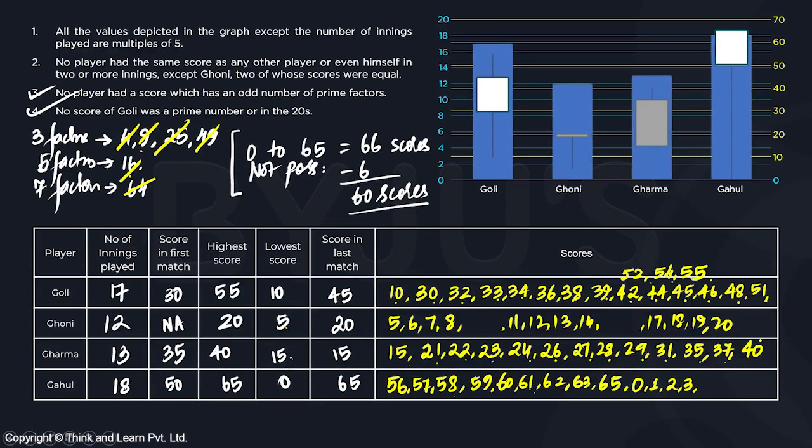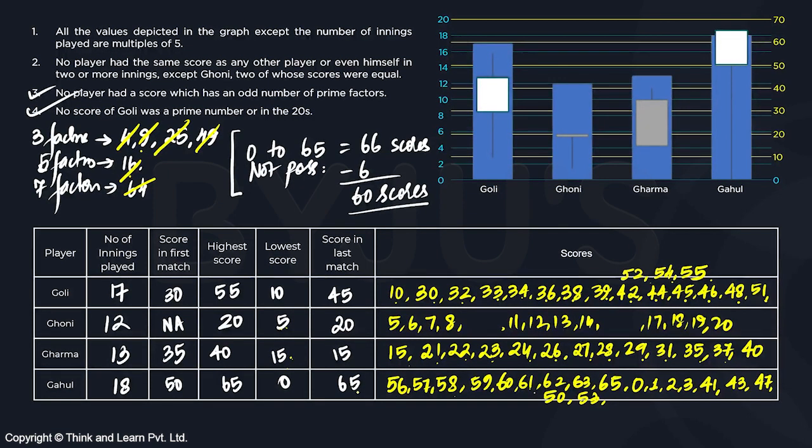Okay. And Gahul needs 18 overall. So the leftover are post 40, the prime number being 41, 42, and then we will have 43, 44, 45, 46 is there. We will have 47, 48 is there. We can't take 49. Next is 50. Then in the 50s, we started with 56 previously, so 53 will also come in.